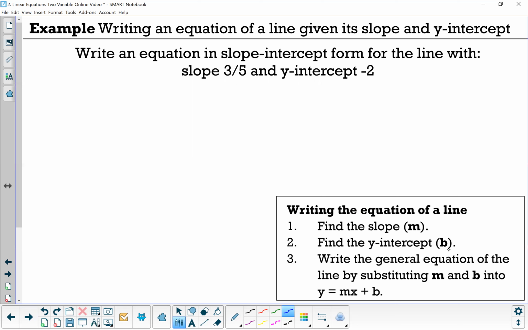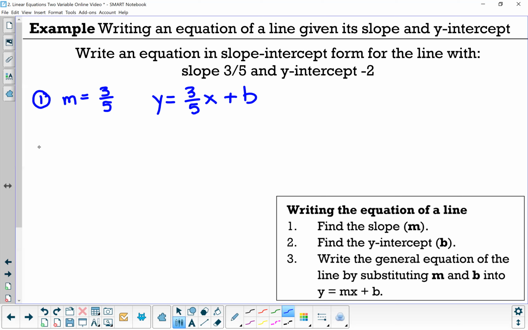Okay, so in this particular example, we have write an equation in slope-intercept form for the line with slope 3/5 and y-intercept -2. Okay, so step one, find the slope. Well, we have it, m equals 3/5. So that means in our equation of a line for y equals mx plus b, we have y is equal to 3/5 x plus b. That's what we have so far for this particular example.